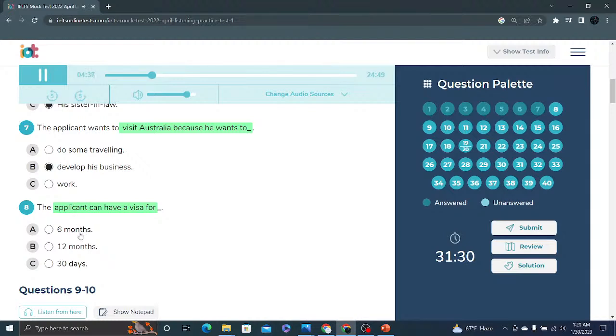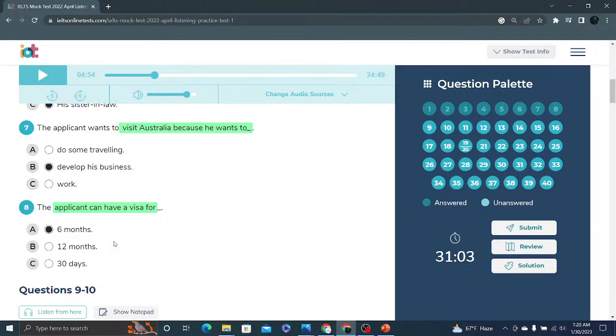Well, I'm afraid a standard tourist visa is only valid for 30 days. Although in your case, we can issue you with a business visa. Business visas last for 6 months, but you will be able to renew it. They were talking about a lot of things like 6 months, 12 months, 1 year, or 30 days.